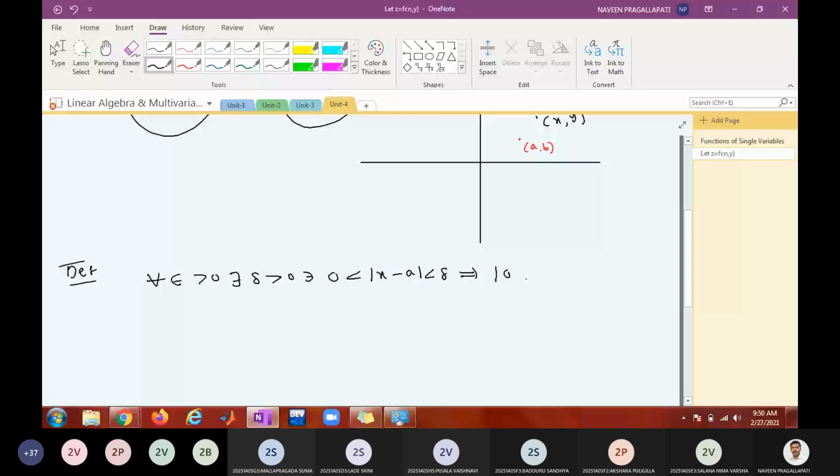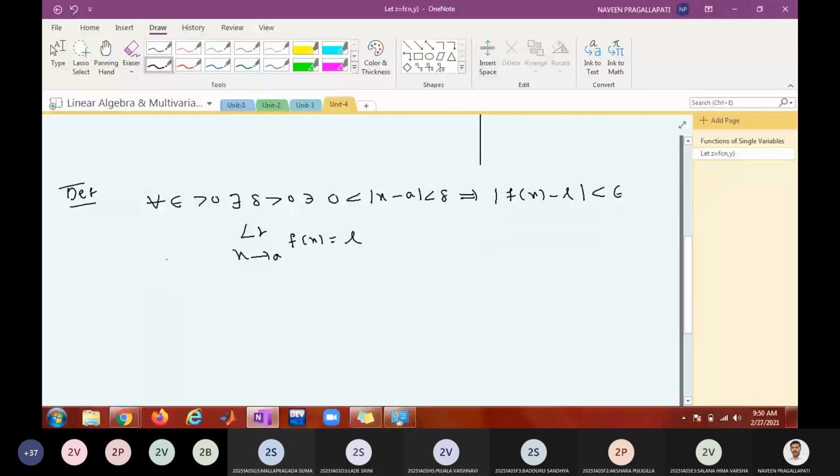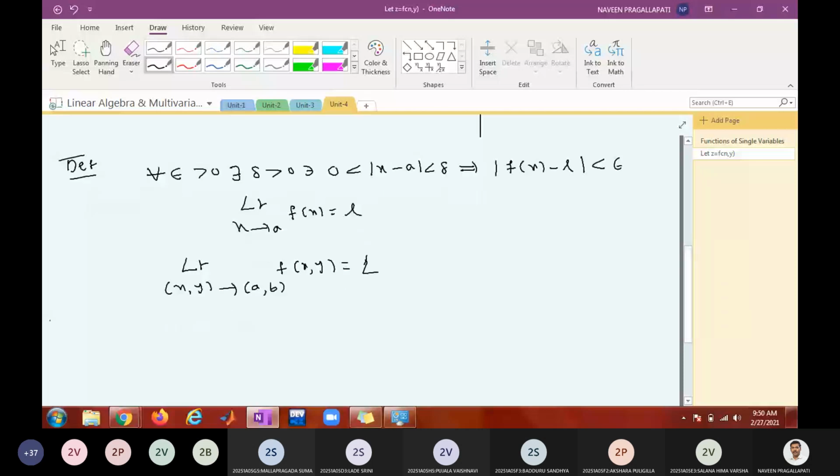then f of x should belong to the epsilon neighborhood of L. That is meant to say that the limit as x tends to a of f of x is equal to L. Now, in the same manner, I want to know the definition for the limit as x comma y tends to a comma b of f of x comma y equal to L, a number L. Can you mimic the definition?